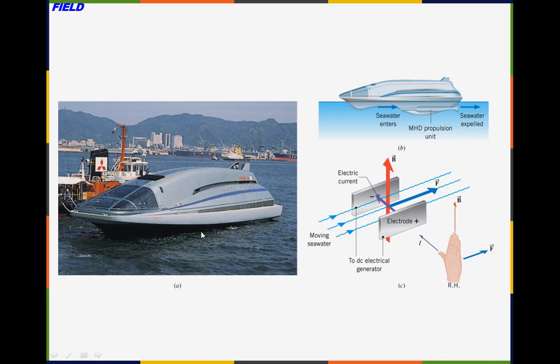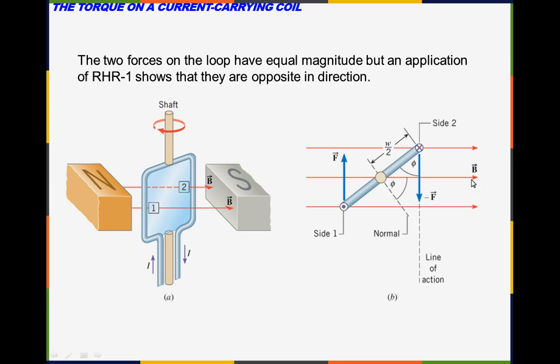Force equals qvB sine theta. So just by starting your magnetohydrodynamic boat moving, when the seawater travels through your induced magnetic field, it will have a force, and it will propel you forward. It's pretty cool.